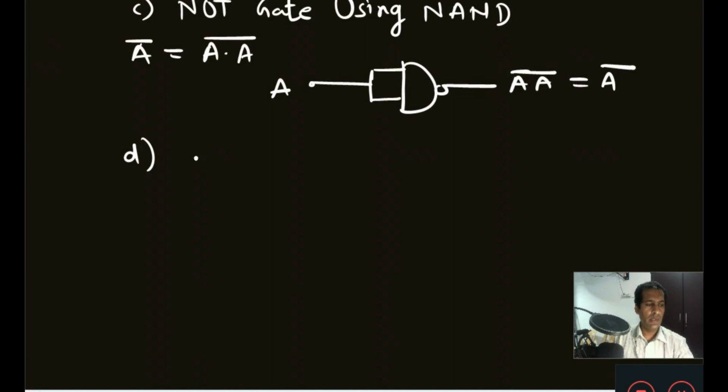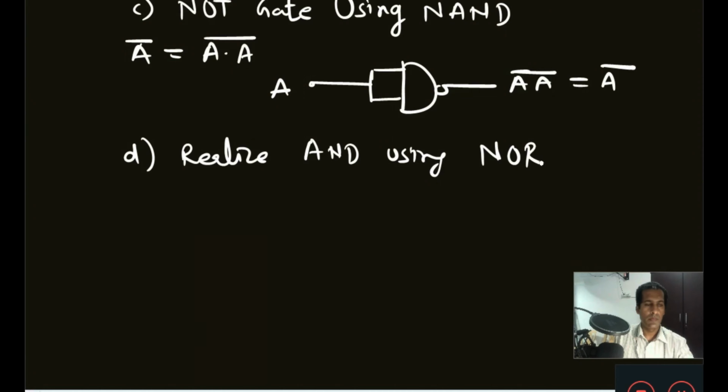Similarly we can realize AND using NOR. We have to get AND, AB, that is nothing but AB double bar, that is nothing but (A bar plus B bar) whole bar.